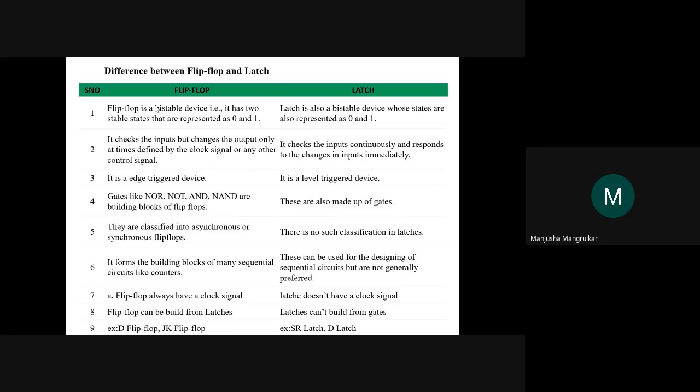Both are the same in this respect. It has two stable states that represent 0 and 1.